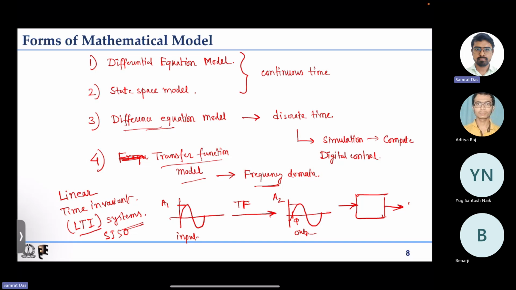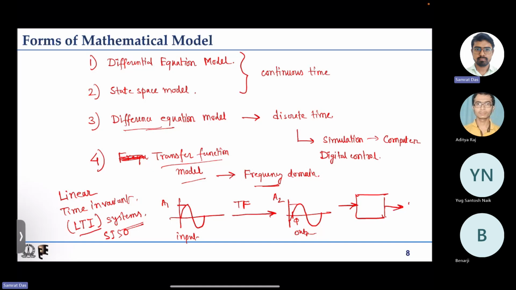That is a separate topic in itself. Difference equation is very specific to discrete time, that is important for simulation. Any computer based simulation, you need to be able to convert your differential equations to difference equations.